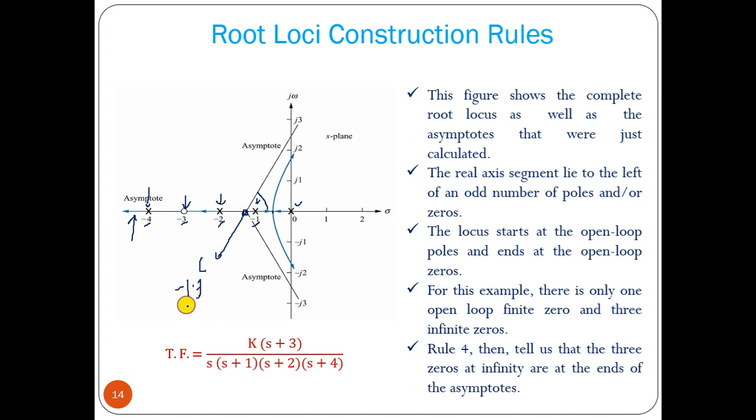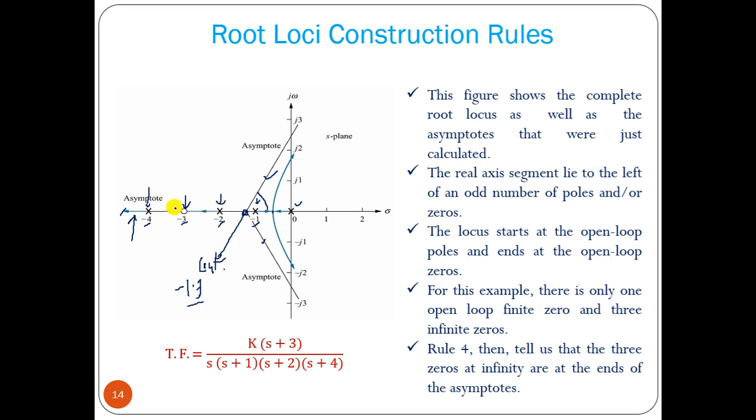From this centroid, the 60 degree line is one asymptote, the 180 degree line is the second asymptote, along the x-axis, and this 300 degree line is the third asymptote.